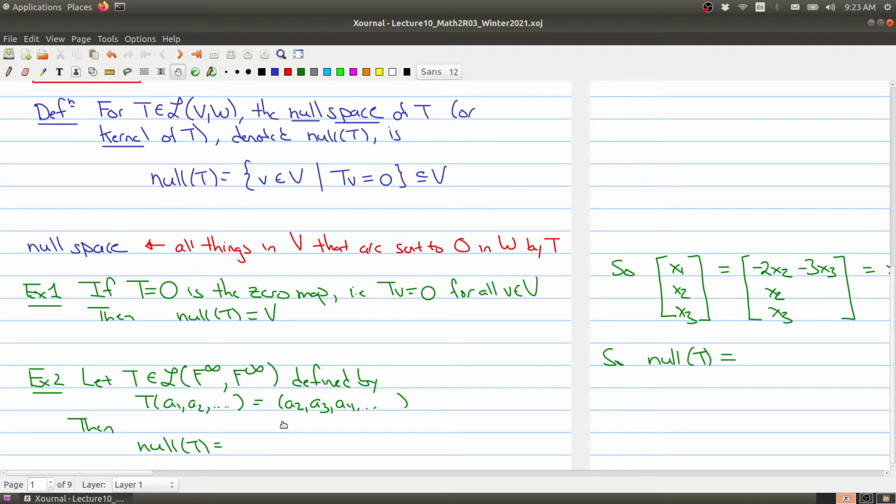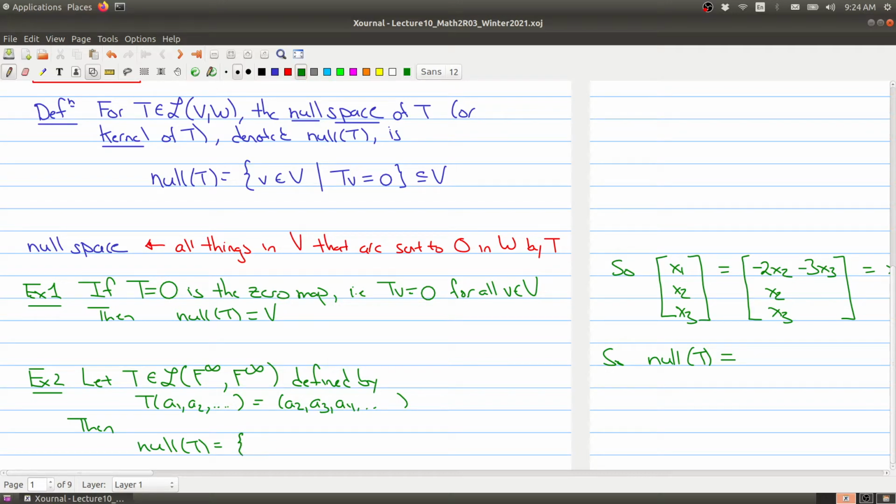So the question is, what is in the null space of this linear transformation? Well, we want all of these things to be 0 at the end. But a1 could be anything that we want, because when we apply the operator T, it chops off the first element.